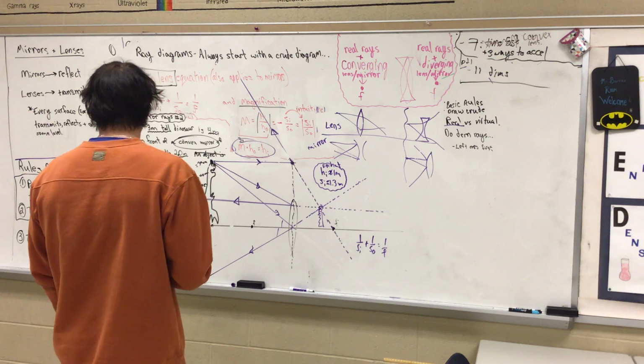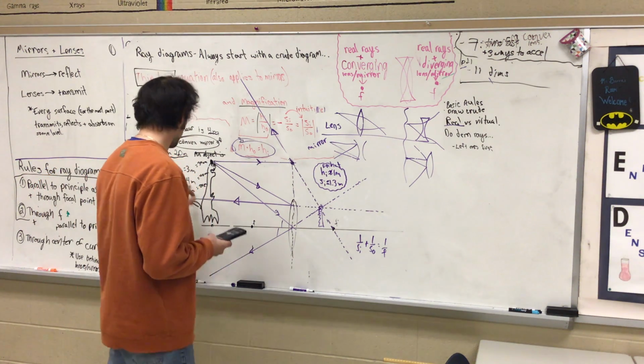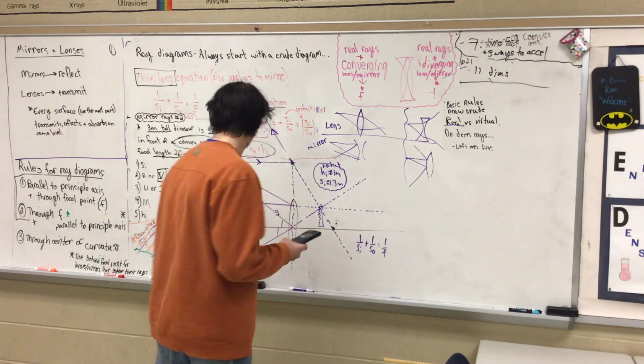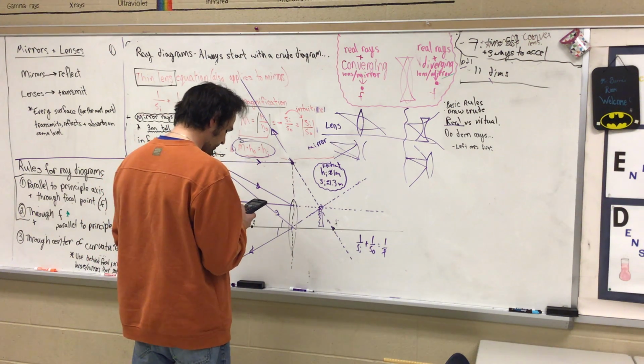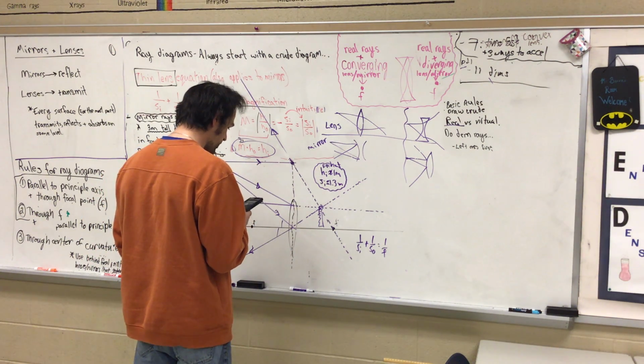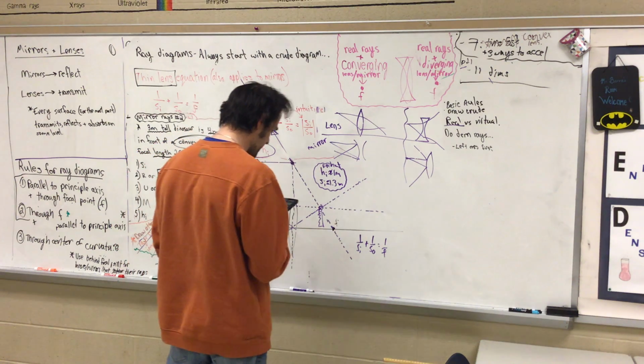The object distance is 4 meters. The focal length is 2 meters, so 1 divided by 2 minus 1 divided by 4. Take the inverse of that, and we're going to get 4 meters.